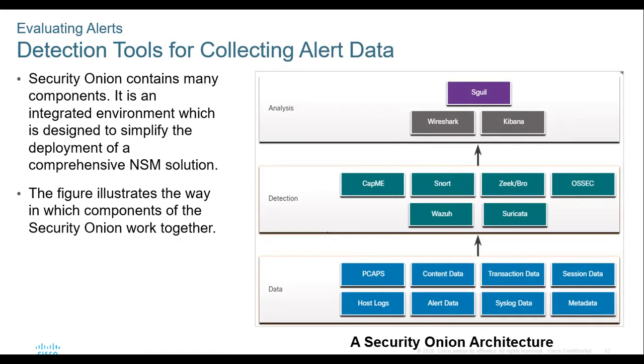Looking at the analysis, we have Squil, Wireshark, Kibana. Then the detection, we have CapME, Snort, Zeek, OSSEC, Wazuh, Suricata. And finally, the data, we have the PCAPs, content data, transaction data, session data, host logs, alert data, syslog data, metadata.